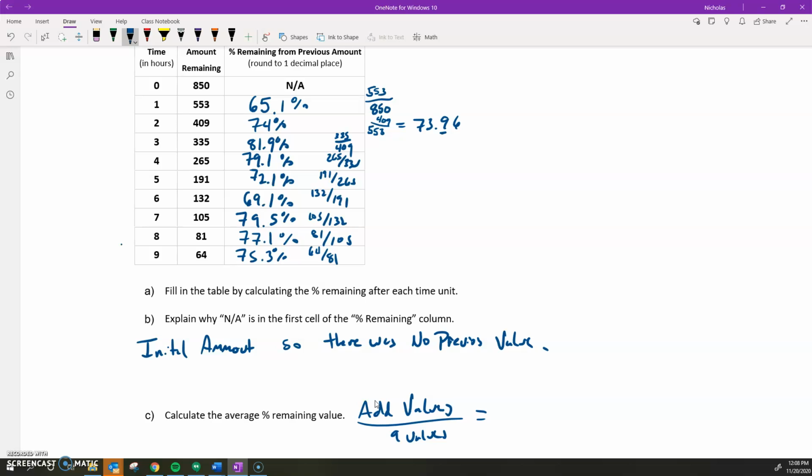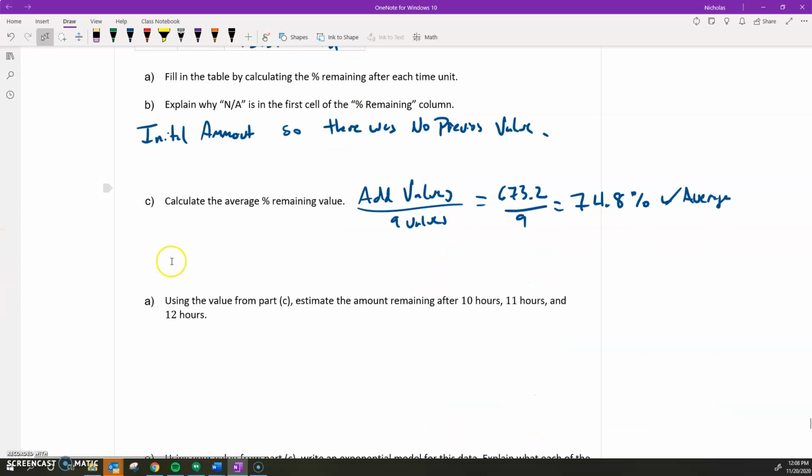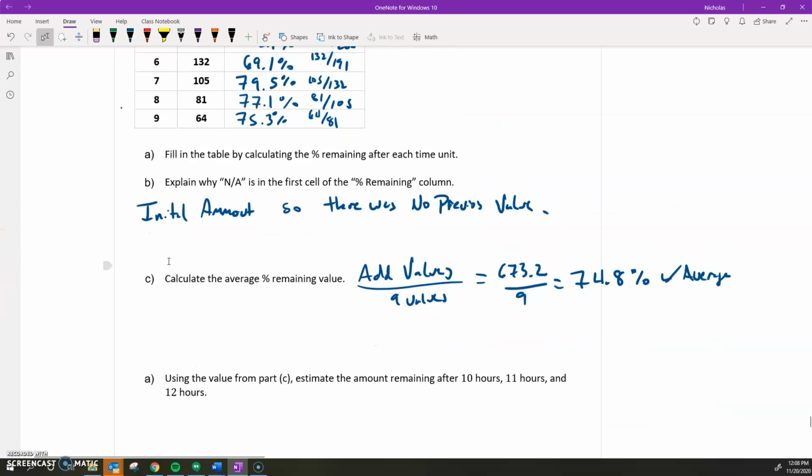Just double check and make sure I got everything in here. 77.1, 75.3. So I get 673.2 over 9 gives me 74.8% is the average. So we can expect about 74.8% of whatever was before.